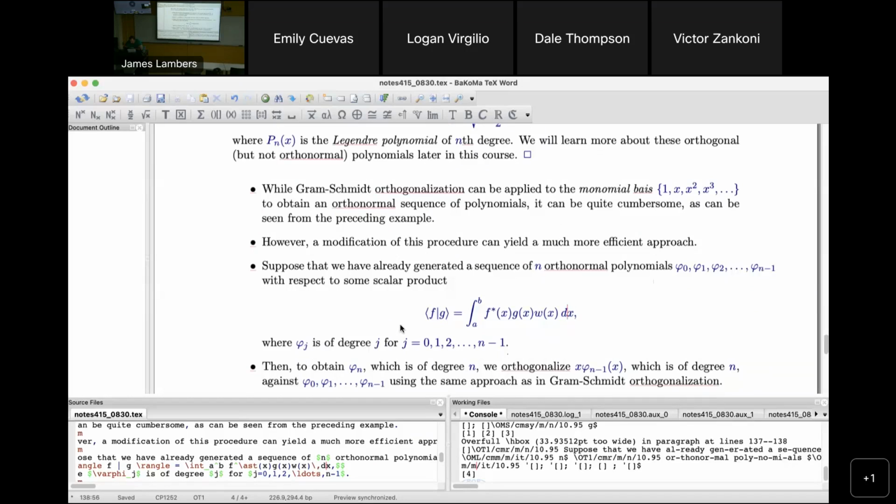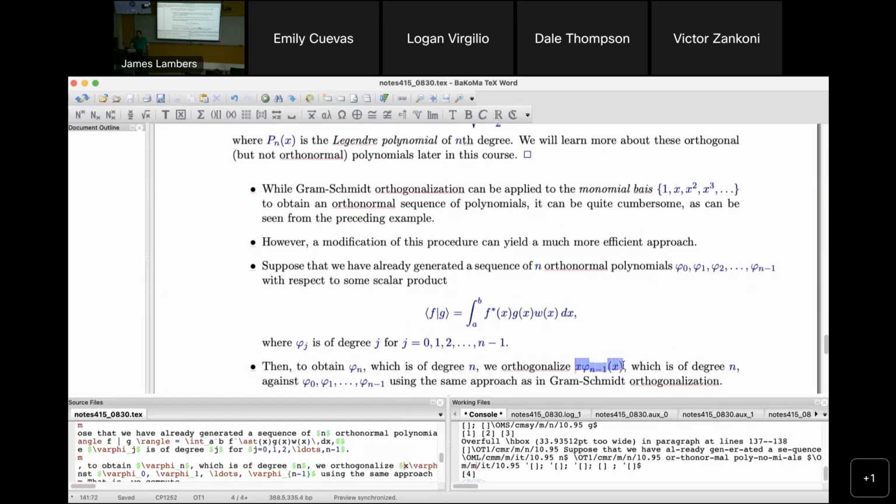So normally, if you follow what I did in the previous example, if you want a polynomial of degree n that's part of this orthonormal set, you would take x to the n and orthogonalize by Gram-Schmidt. But it turns out to be easier if you instead orthogonalize this function: you take your previous orthonormal polynomial of degree n minus 1 and multiply it by x to make it degree n.